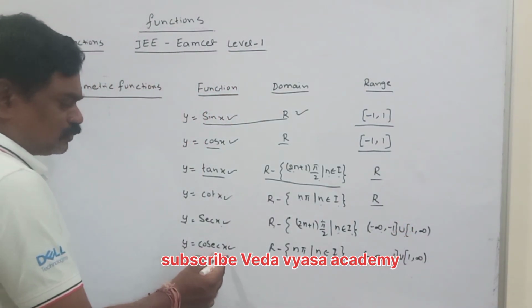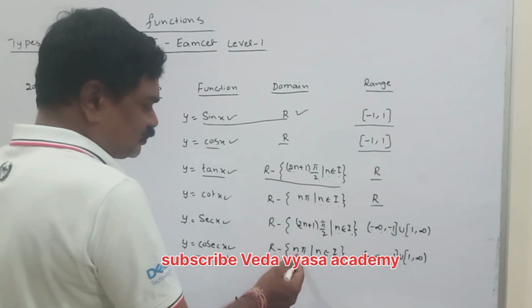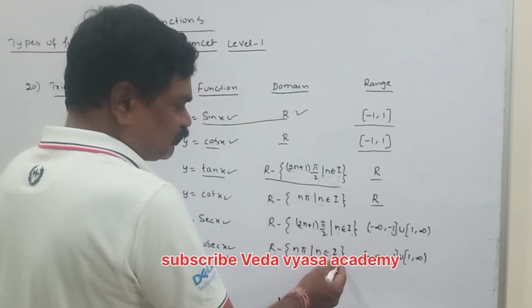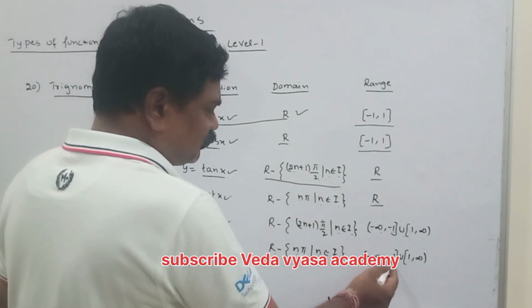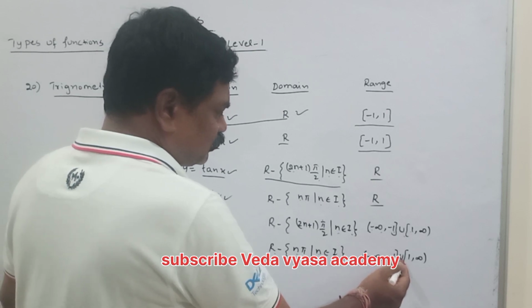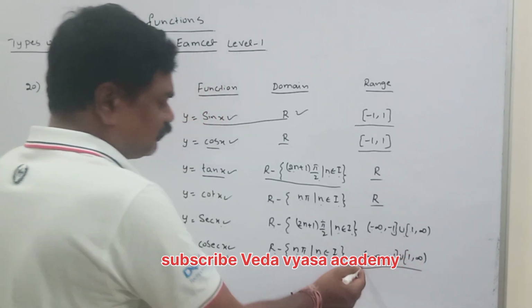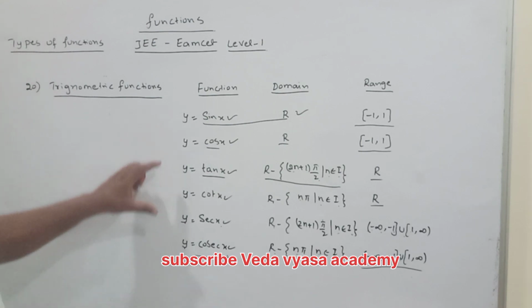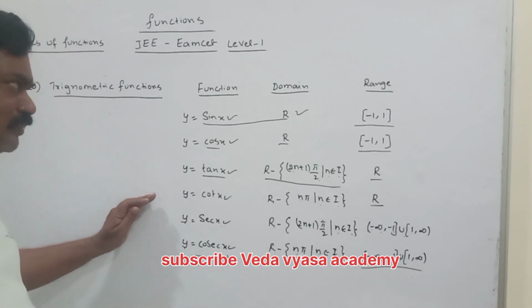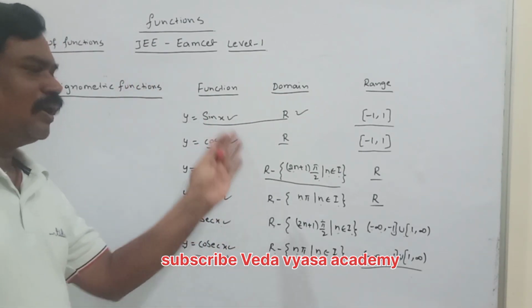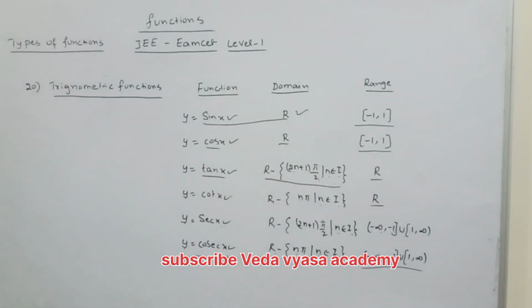Y is equal to cosecant x: domain R minus n pi, n belongs to I; range minus infinity to minus 1 closed, union 1 closed to infinity. These are the trigonometric functions with their domains and ranges.